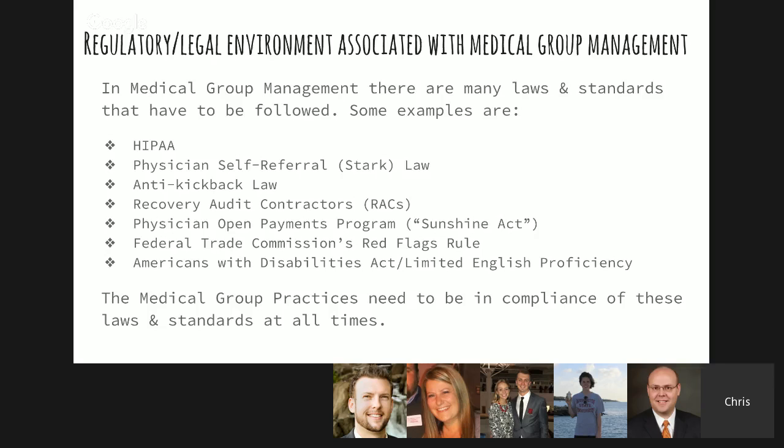And this actually, unfortunately, happens a lot where companies take advantage of Medicare reimbursement. The Sunshine Act deals with drugs and medical devices that are used in medical programs and basically just states that they must be reported. The Federal Trade Commission Red Flags Rule requires organizations to implement an identity theft prevention program.